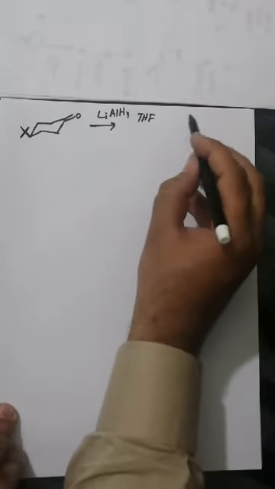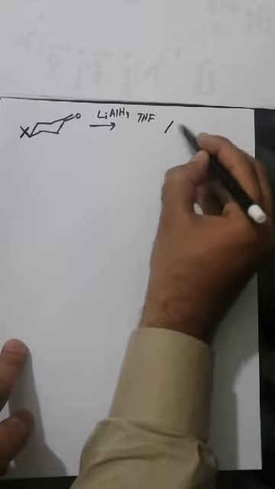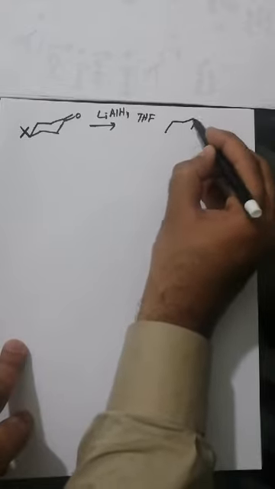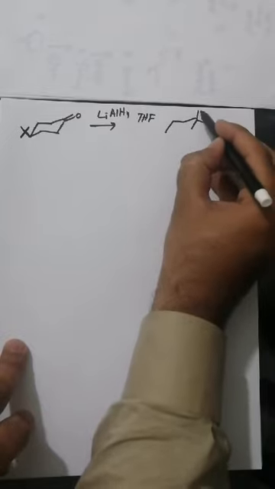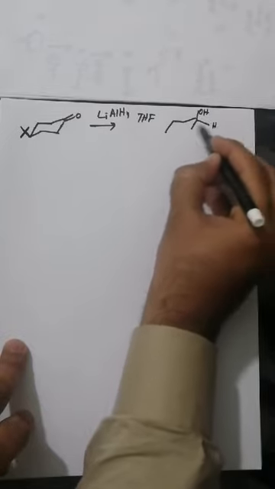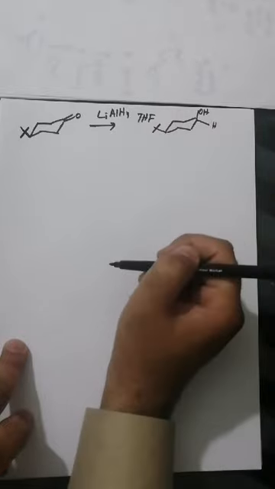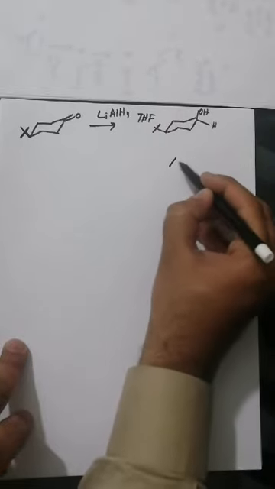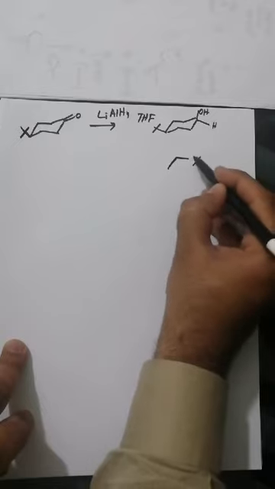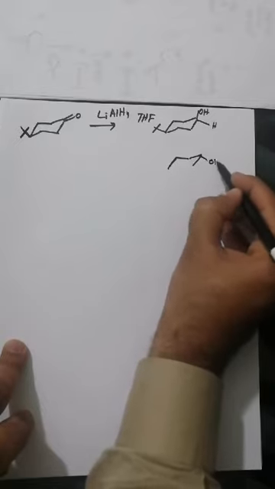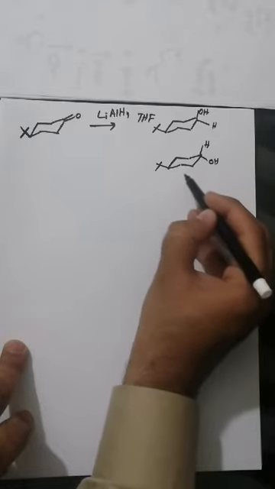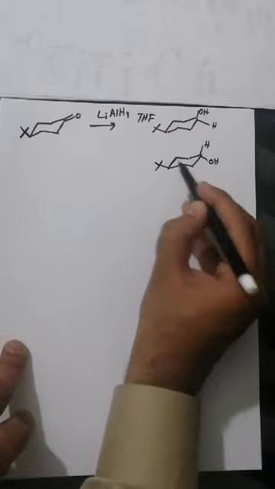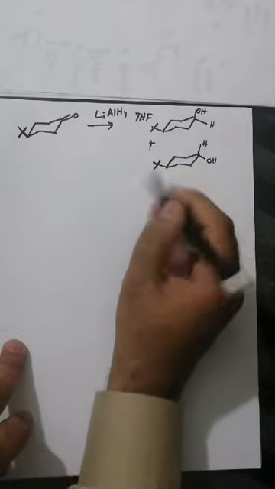Equatorial. Now, what will be the product? Whether the product will be this one or the product will be this one. Now we are going to learn the stereoselectivity of this reaction.